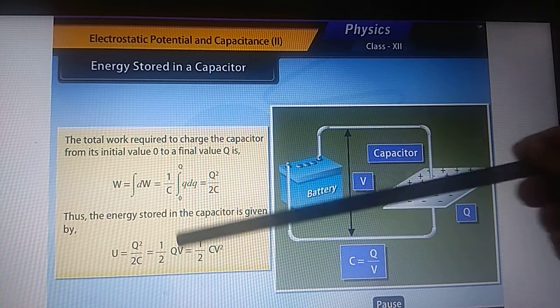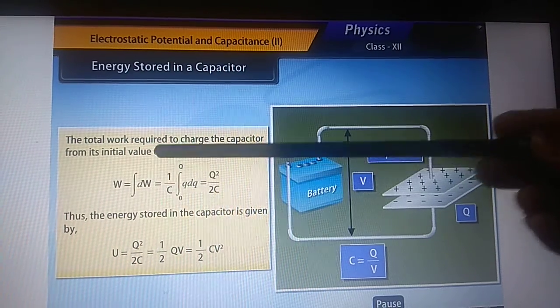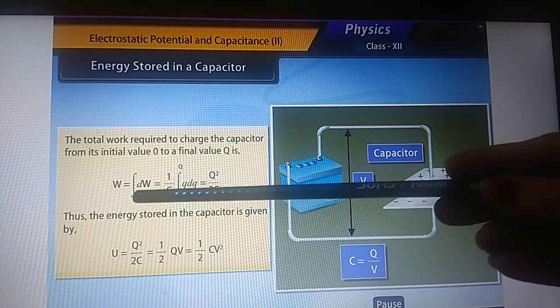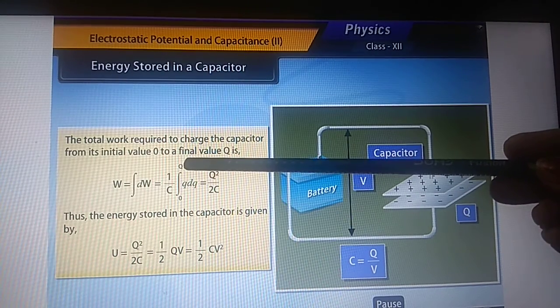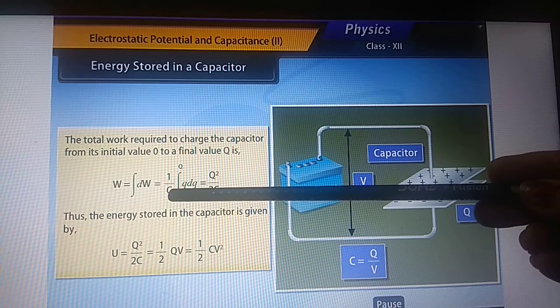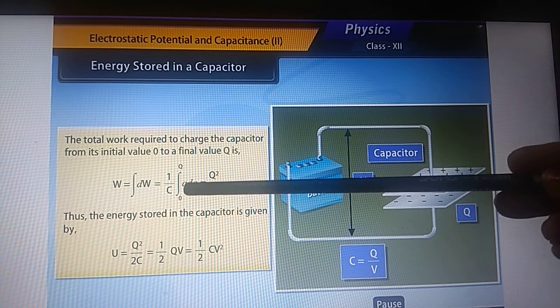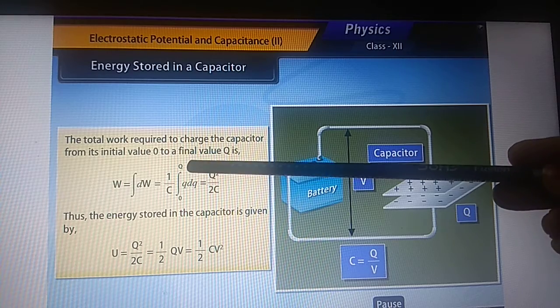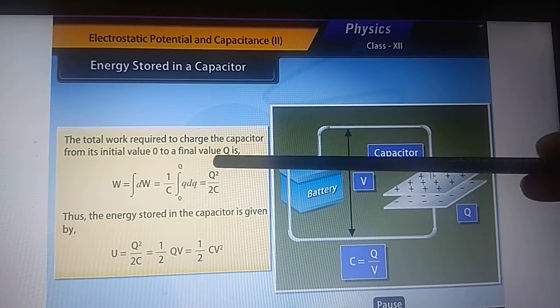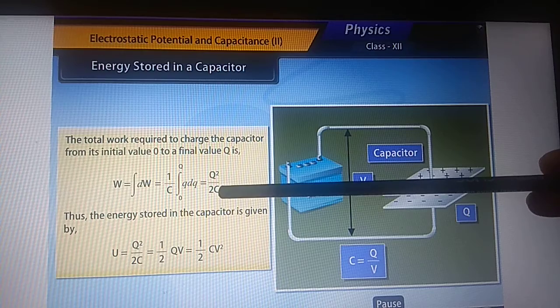So in the previous slide I have taken the small work dW. To take the total work done, integrate from 0, because my initial value is 0, till the charge Q. 1 upon C is constant, which comes out of the integration. After integration of Q and applying the upper limit minus lower limit, you will get Q square upon 2C.